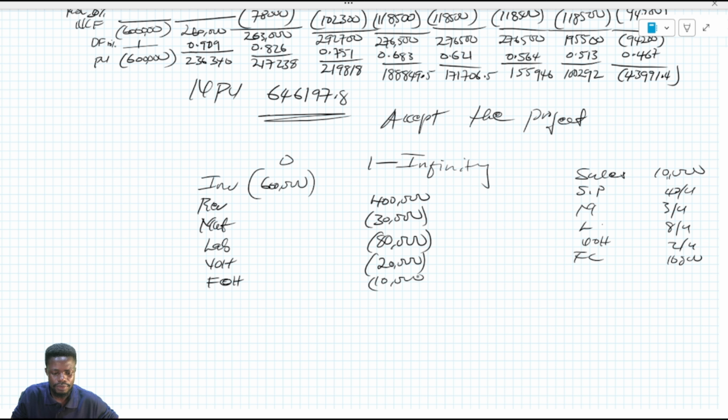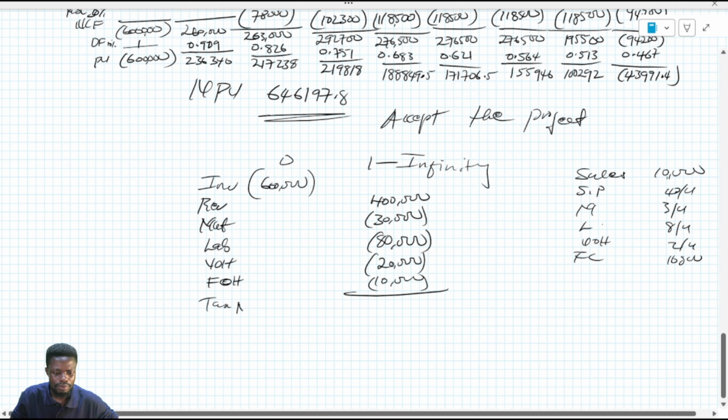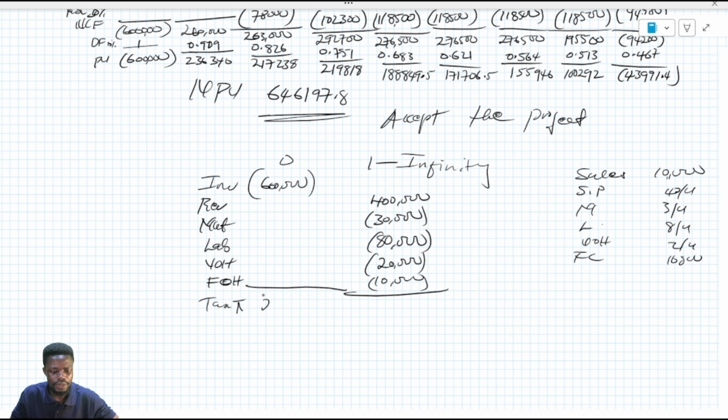And what is this? Taxable profit. When you do all of these, you'll get 260,000.